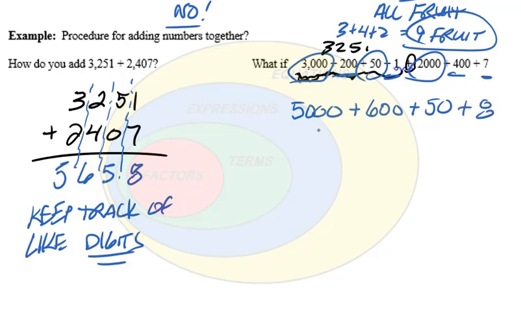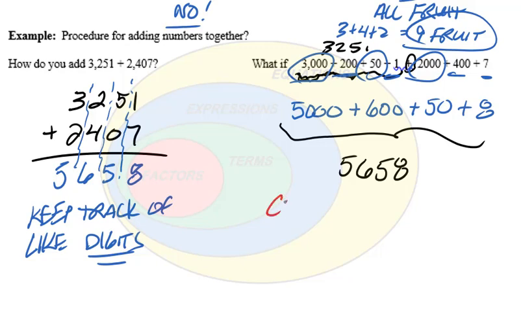So now, of course, this would be an addition of these different numbers, and we can always combine those back together because we understand decimal points. So, of course, this is 5,658.